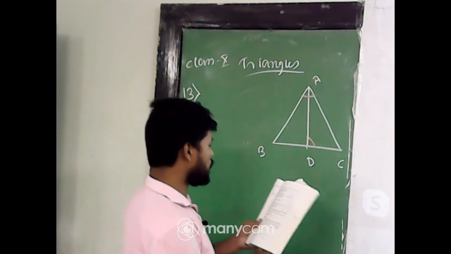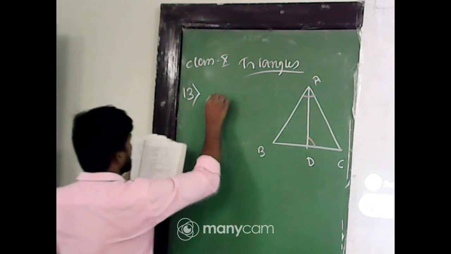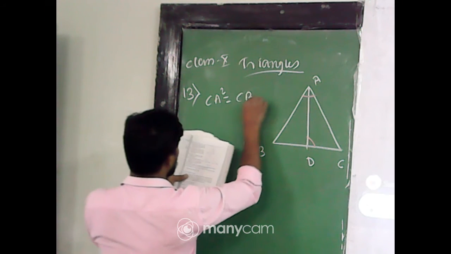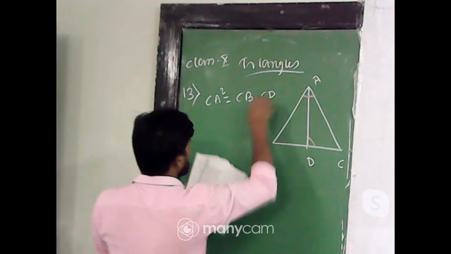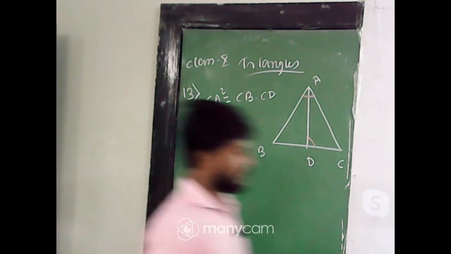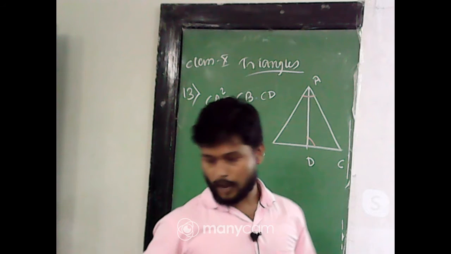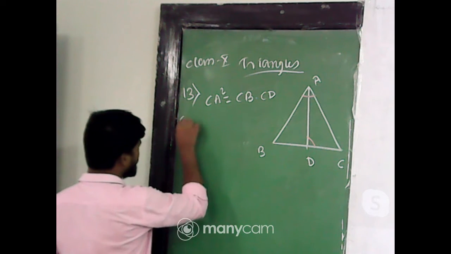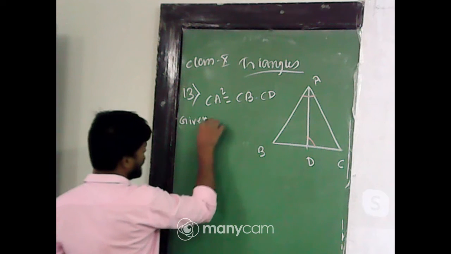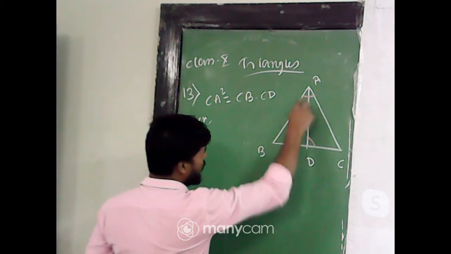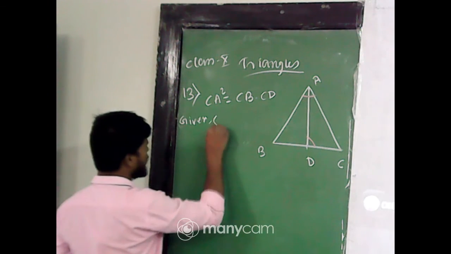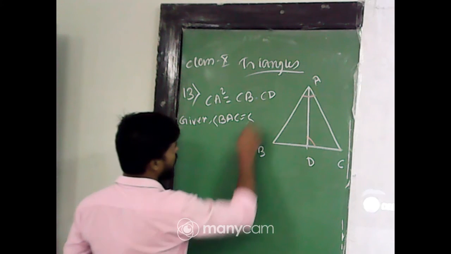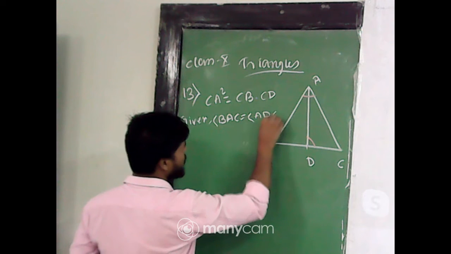What we have to prove? We have to prove that CA square is equal to CB into CD. Now look how we can prove this. What is actually given? Given this angle and this angle are equal, means angle BAC is equal to angle ADC.